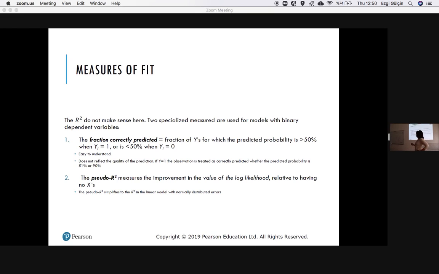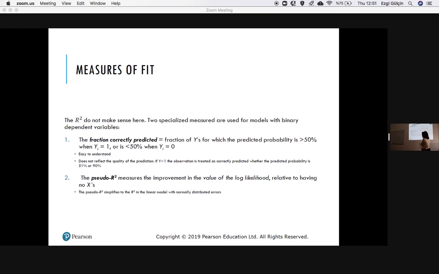Then, going to the measures of fit, I just want you to know that instead of using the R-square or the adjusted R-square, we use two other measures, and if you remember, Stata provides the second one. But the first one is the fraction correctly predicted. This is the fraction of observed y's, the data for which the predicted probability is above 50% when y is equal to 1.